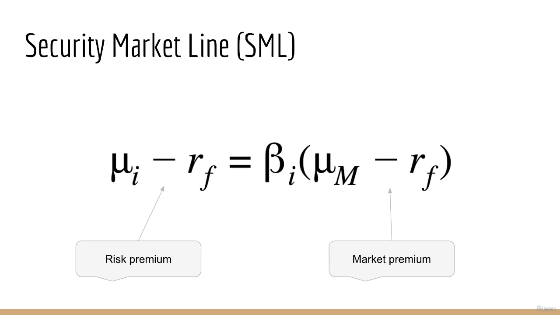That is, the expected return of asset i minus the risk-free rate is related linearly to the return of the market minus the risk-free rate. Note that the excess return of asset i is also called the risk premium. It's how much more return you can get for taking on a certain amount of risk. The excess return of the market is also sometimes called the market premium.